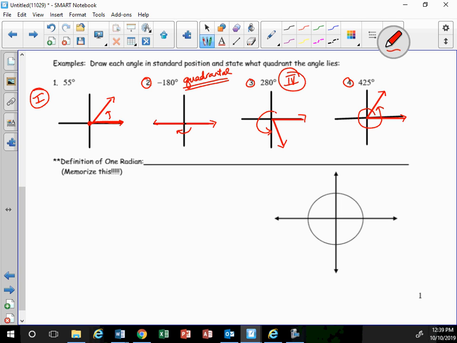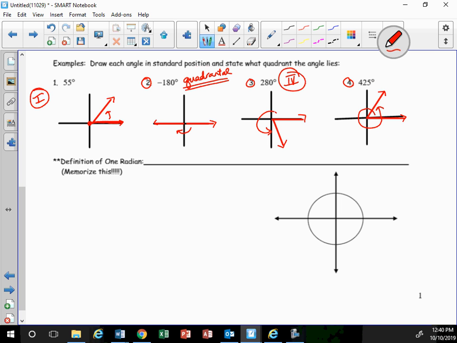Yeah, it's a little spiral going on there. Okay. We're going to get into what are called coterminal angles, and that's 65 and 425 are coterminal. Okay. All right. Any questions with sketching the angle? It's not bad, right? Okay.